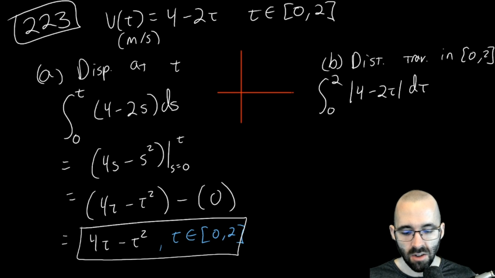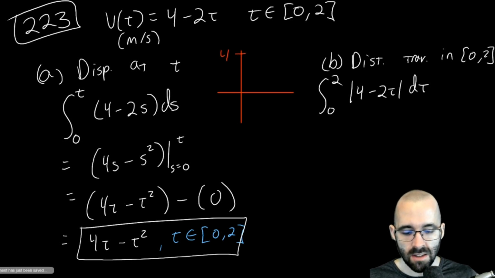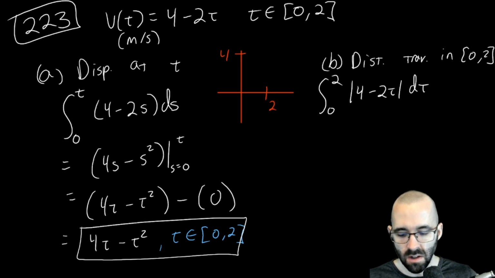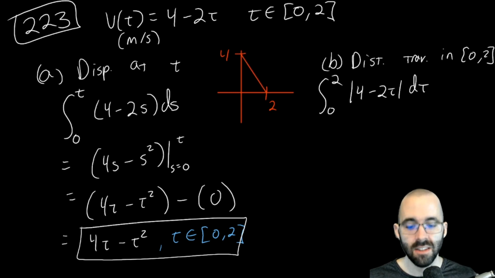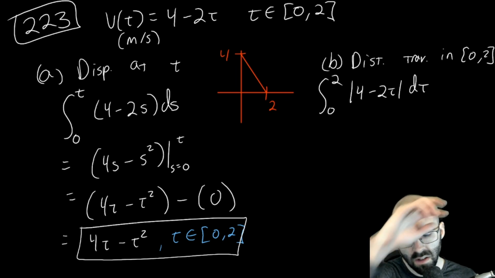So when t is 0, we're at 4 up here. And when t is equal to 2, we're at 0. So actually, the distance traveled on this interval is equal to the displacement on this interval because we're never moving backwards. Our velocity is always positive or 0 on this interval.